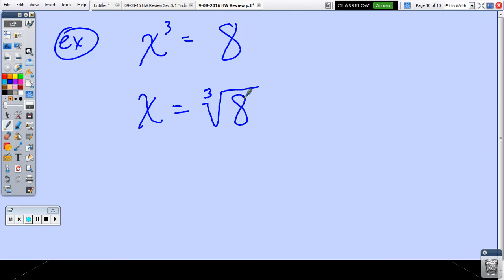In case you forget, x is 2, but could it also be negative 2? Negative 2 times negative 2 times negative 2 is not 8, it's negative 8. That's why it depends on whether the root is even or odd.